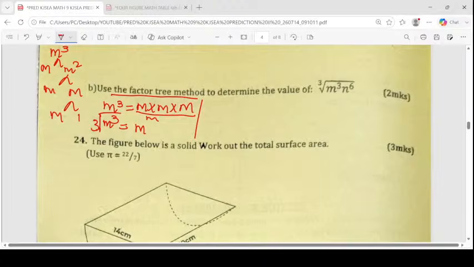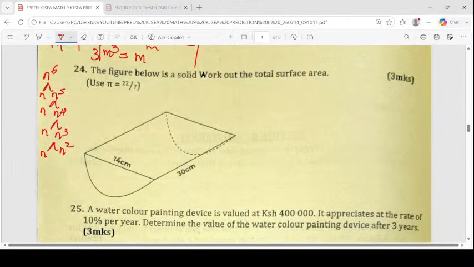Similarly, let's do for n power 6. When I have n power 6 using the factor method, n here you'll be left with n power 5. N here you'll be having n power 4. N here you'll have n power 3. N here you'll have n power 2. N here you'll have n power 1. Then n here you'll be having 1.